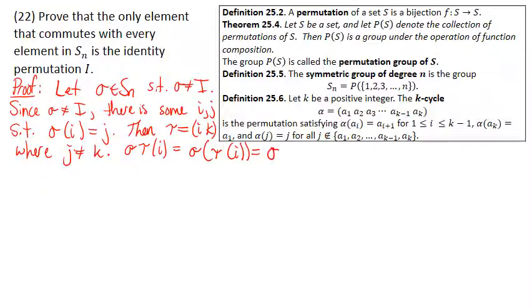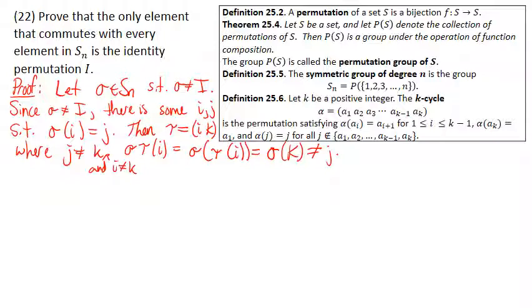So this is then sigma of k. I don't actually know what sigma of k is, but one thing I know is that it's not j, because sigma moves i to j, and k and i are supposed to be different. I probably should have said that, and i also does not equal k. So whatever it is, it's not going to be j that I get out from sigma there.